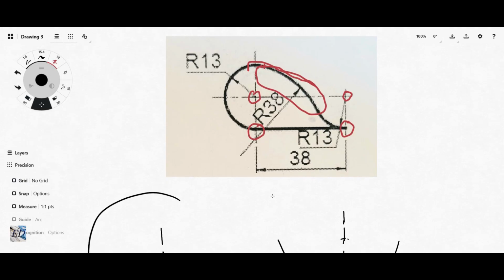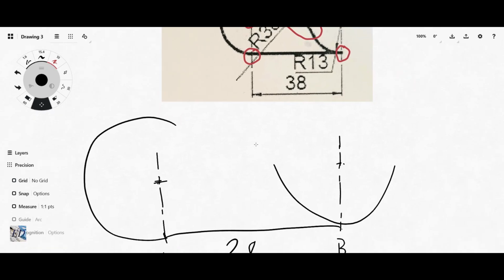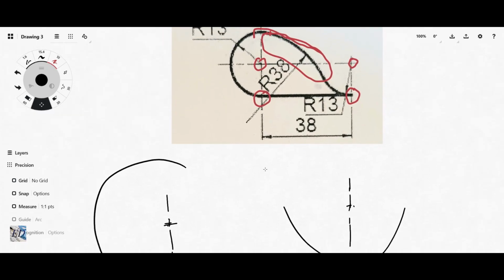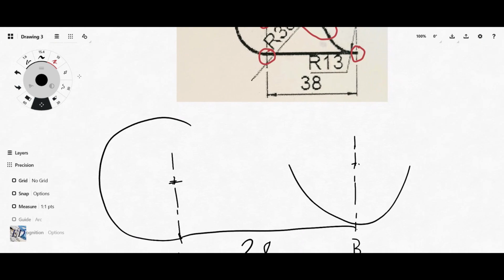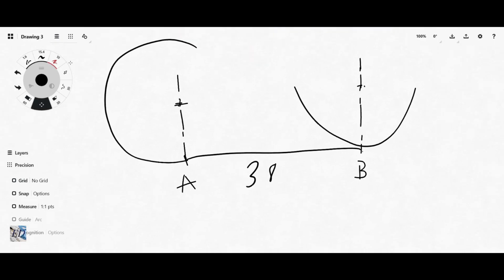So that is going to give us 51 millimeters, right? 38 plus 13 is going to give us 51 millimeters. So you use your compass and your rule. You measure out 51 millimeters, and then you start at the center point of this arc and draw an arc, right?